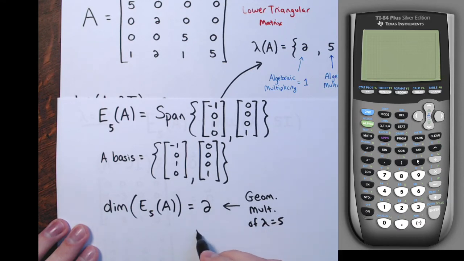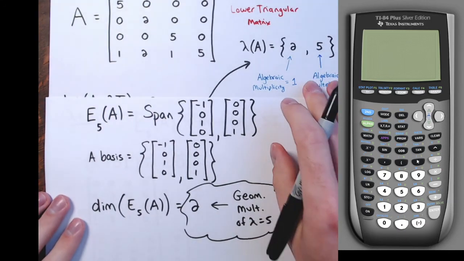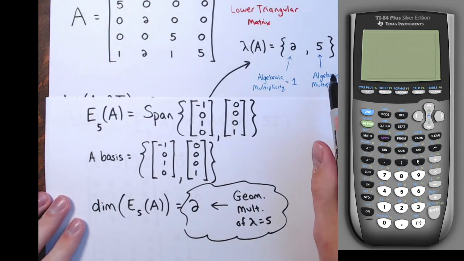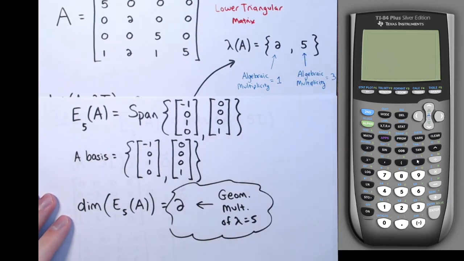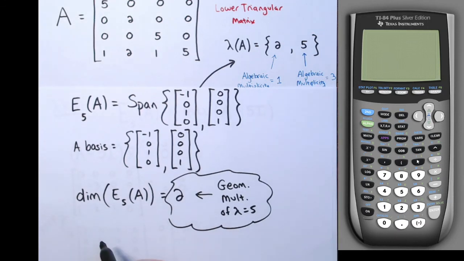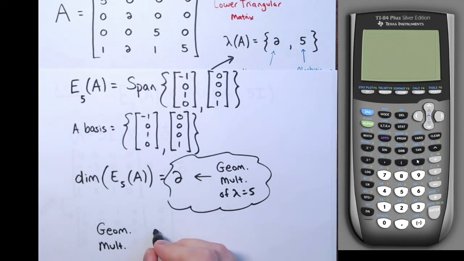And notice, the geometric multiplicity of lambda equals 5 was 2. The algebraic multiplicity of lambda equals 5 was 3, which is going to happen sometimes. But still, this holds. Remember, I'll say it one more time here. The geometric multiplicity of some eigenvalue will always be less than or equal to the algebraic multiplicity.